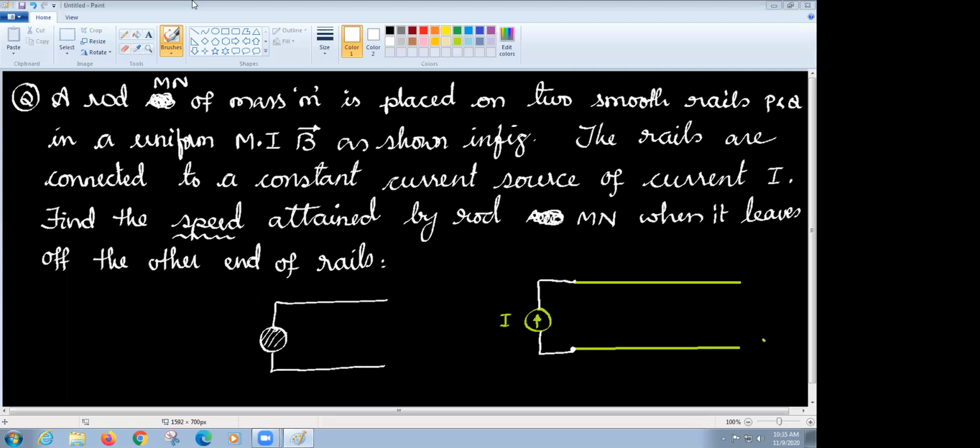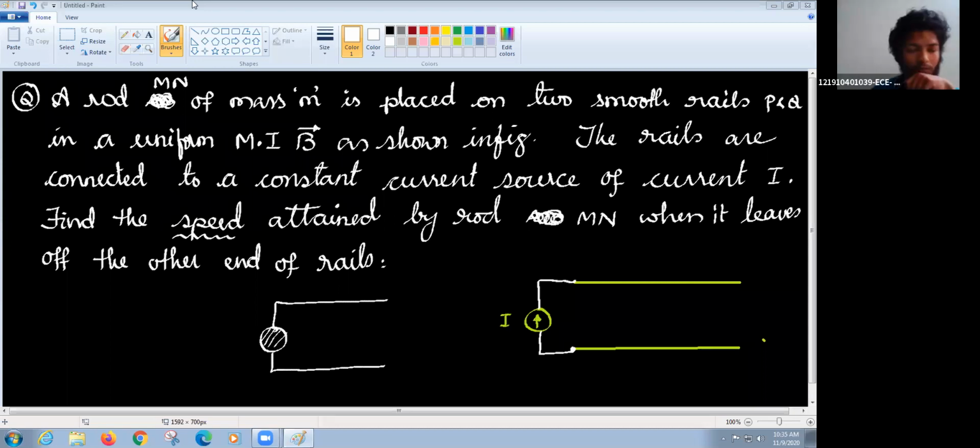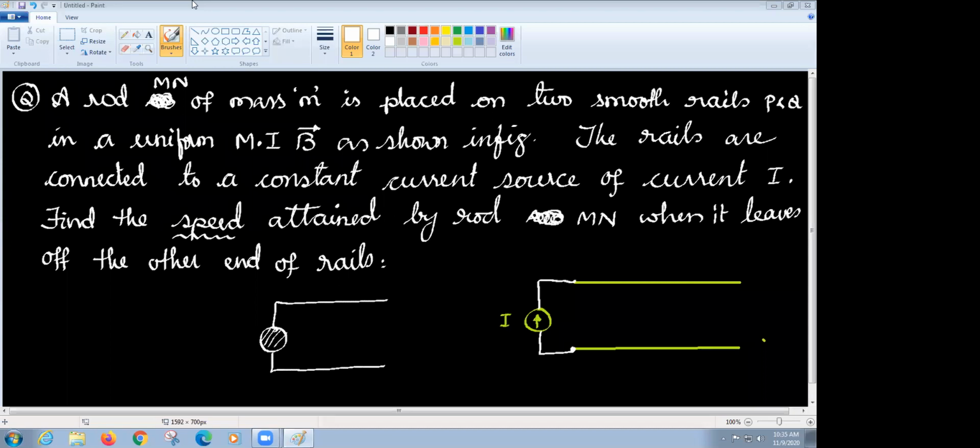Okay, then the remaining are saying that there is current, right? Yes or no? I want some response. I'm seeing a few hands up. What about the remaining hands?